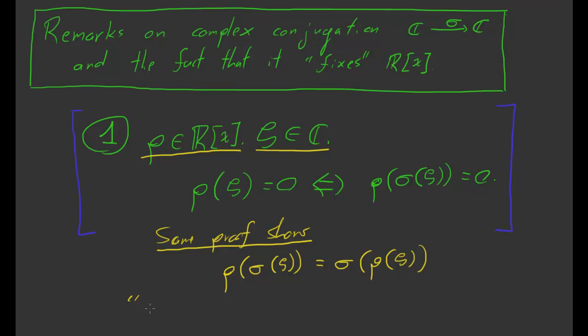So in other words, sigma commutes with any real polynomial p. And it's a nice thing to know this slightly more general version. Okay, so that was the first remark.